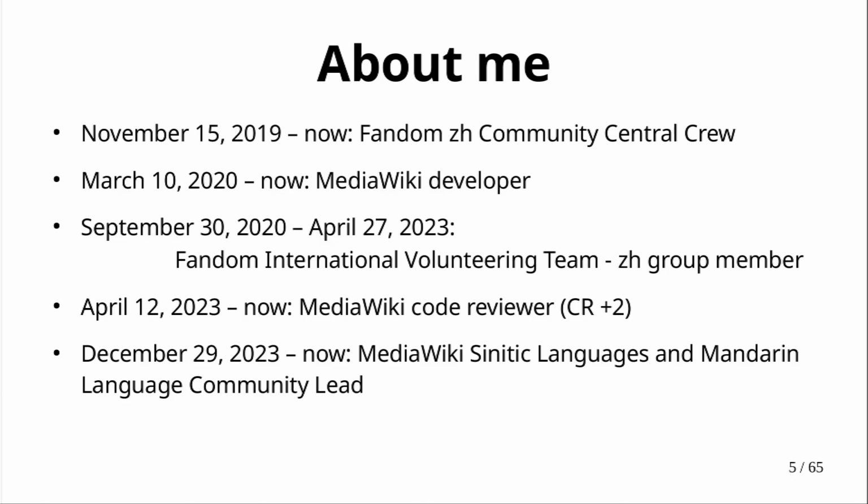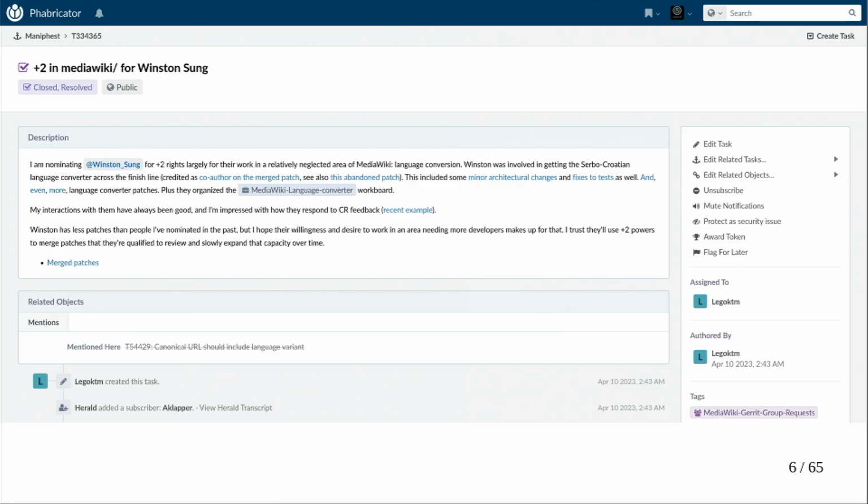From 2023, I became a MediaWiki code reviewer with the code review +2 user right. And then I became the community lead of the MediaWiki Sinitic languages and Mandarin language community, starting from 2023.